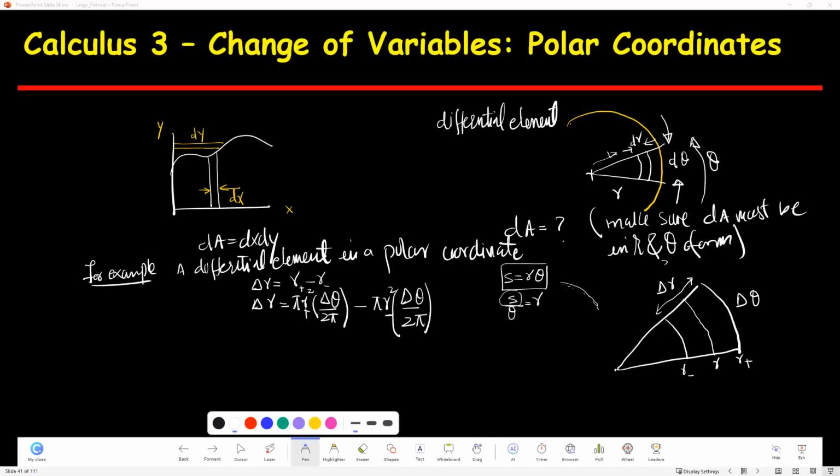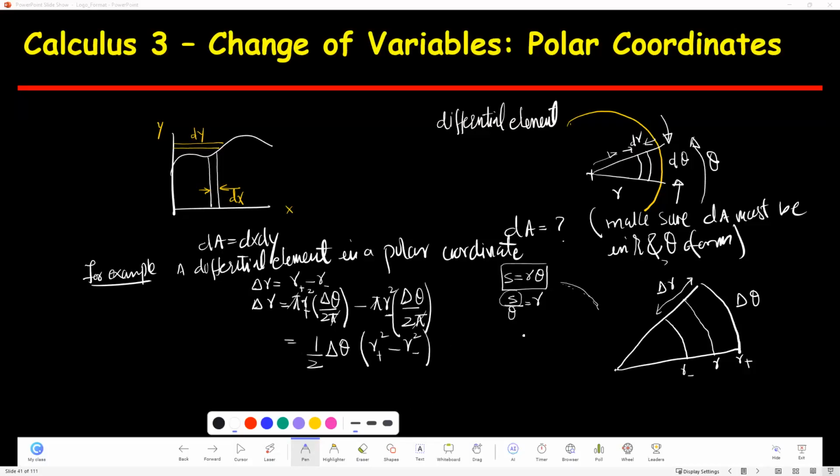Okay. Out of these, I'm going to take a common factor. Maybe I can take common half delta theta. Inside, this pi cancels, this pi cancels. So what is left over is r plus square and r minus square.